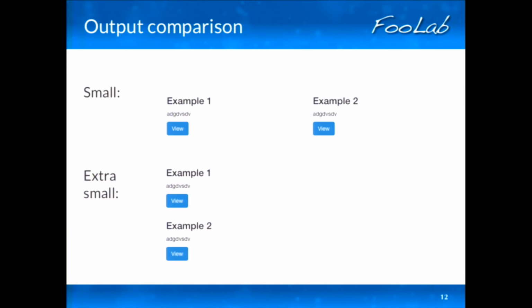So this is an example of an output that you can produce with that. This is a small device, and anything above that. And as you shrink, eventually it will become extra small, and it will default to 12 columns. Think of them as spanning a 12-column table. That's how you should think when you develop with Bootstrap.